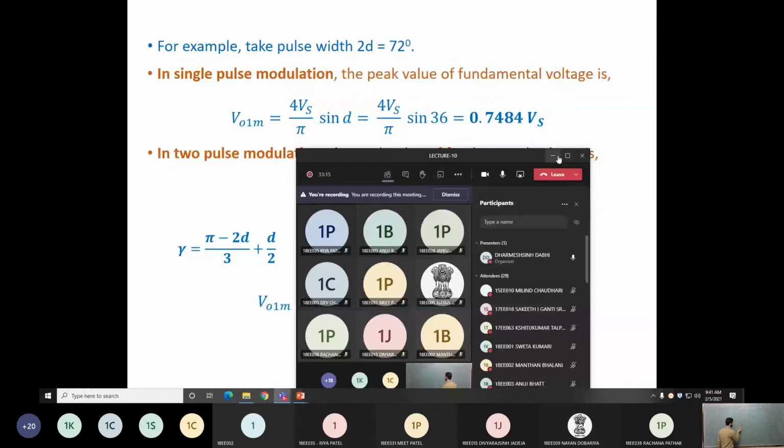As you know, the equation of inductive reactance XL is 2 pi F into L. So what is the equation of inductor?